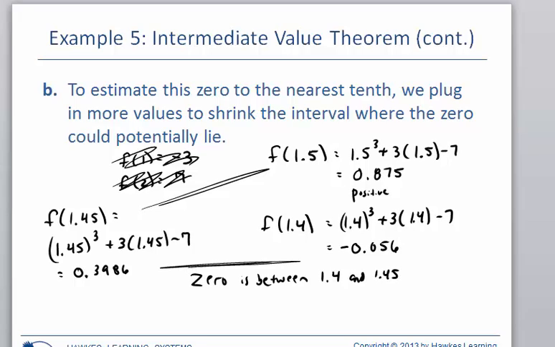Okay, and if it's somewhere in between that and we're rounding to the nearest tenth, regardless of what it is in between those two numbers, it's always going to round back down to 1.4. All right, so I can conclude that my 0 rounded to the nearest tenth is 1.4.